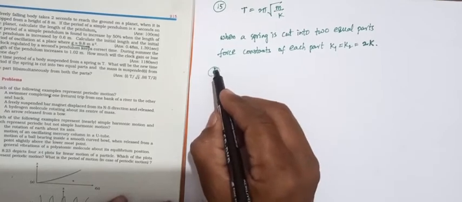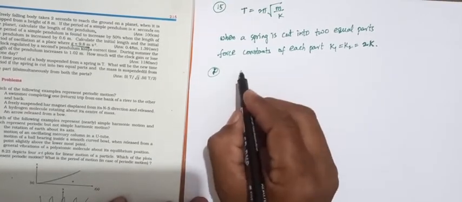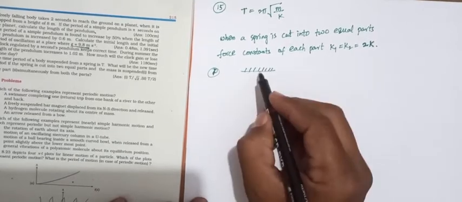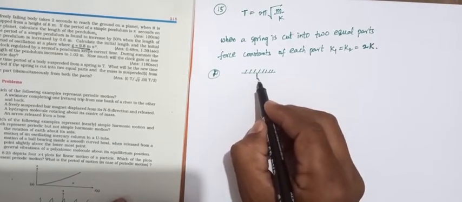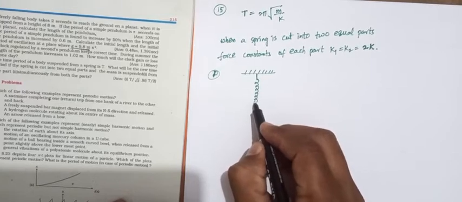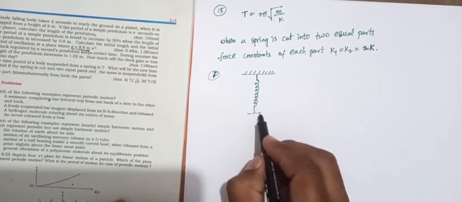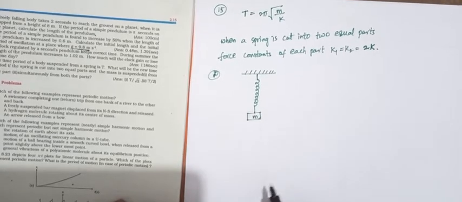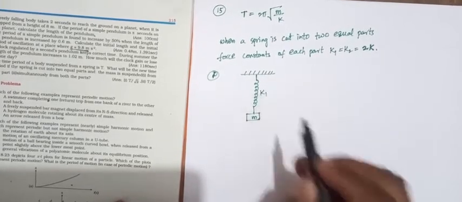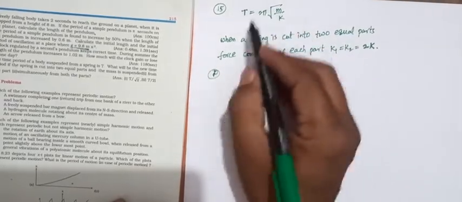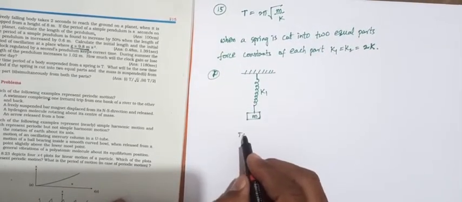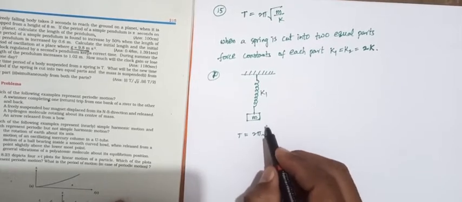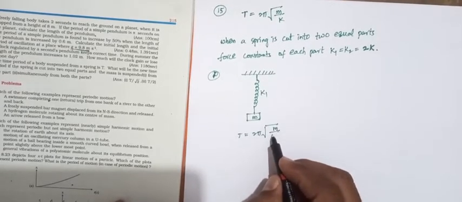For example, this is the rigid support, and the mass m is suspended from only one part, K1. So what is the equation? The time period T equals 2 pi into square root of m by k1.